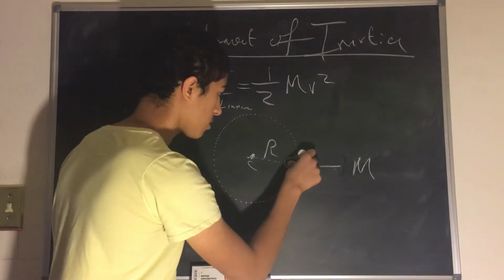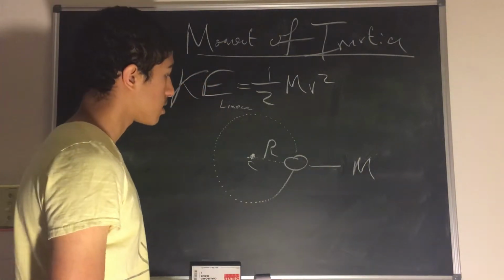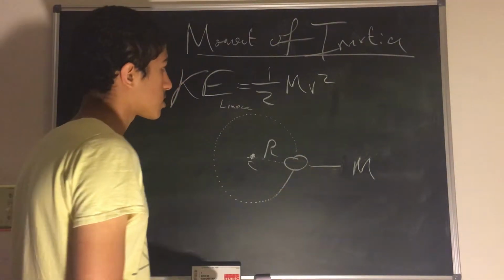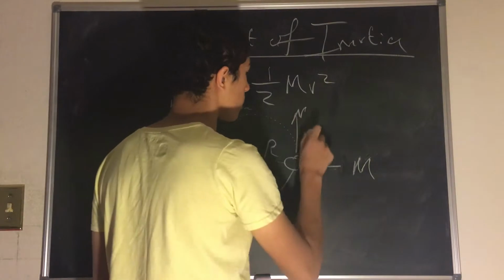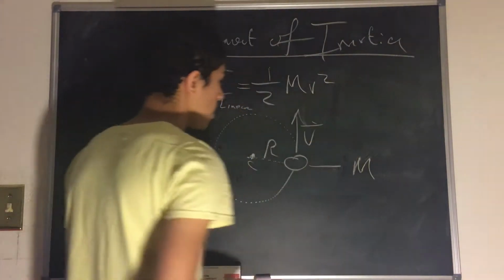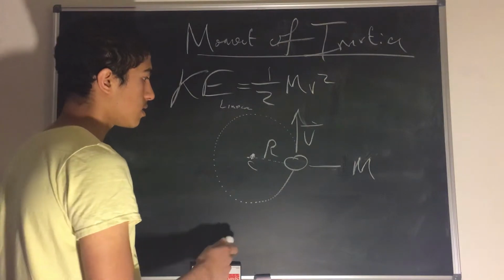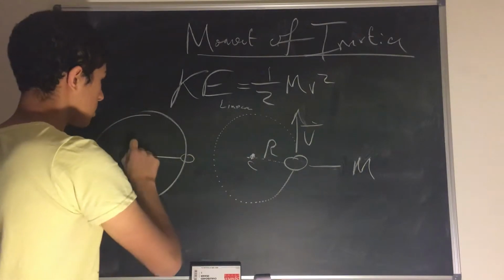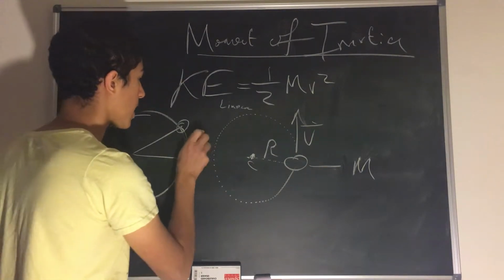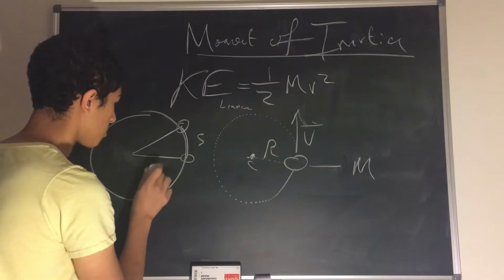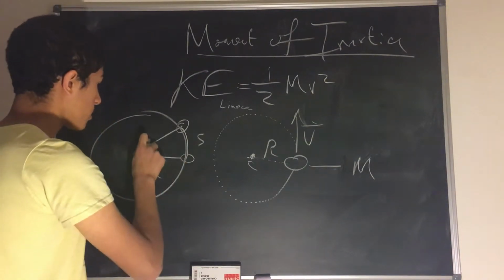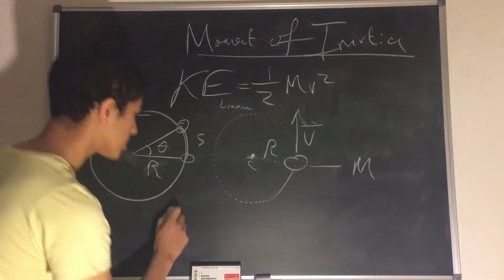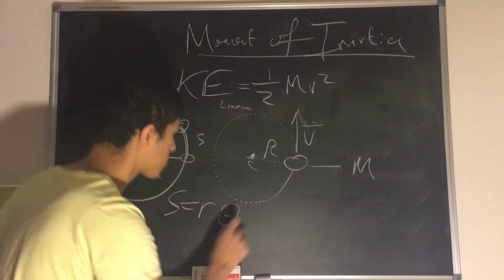If we would like to determine the rotational kinetic energy of this system at this point in time, we'll need to determine its tangential velocity v. We know that if we have some distance s, some radius r and some angle theta, and this theta must be in radians, then s is equal to r theta.